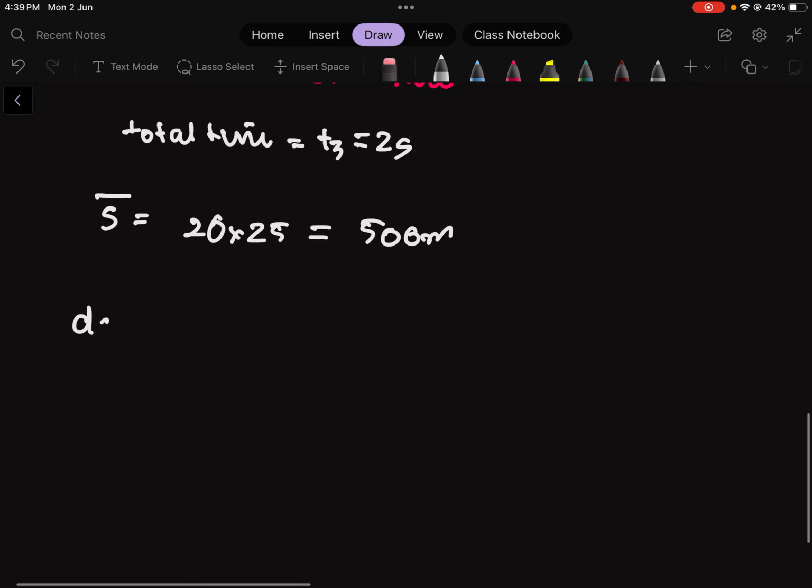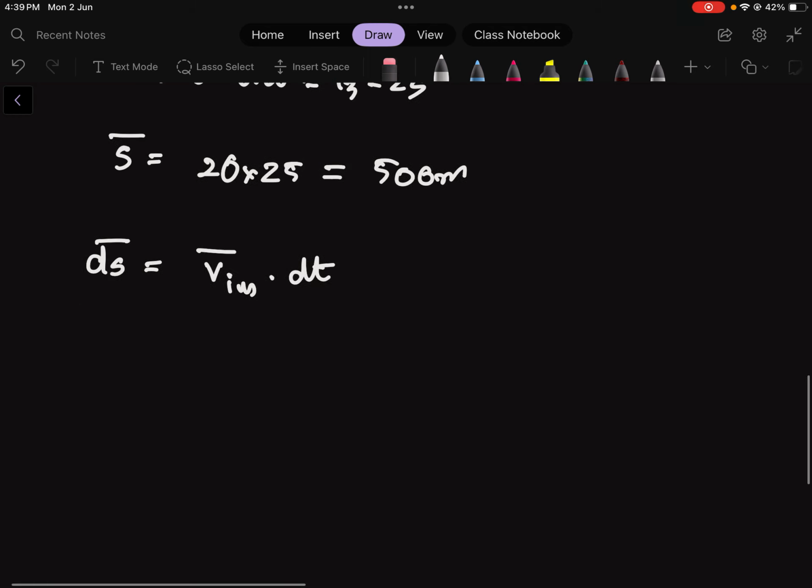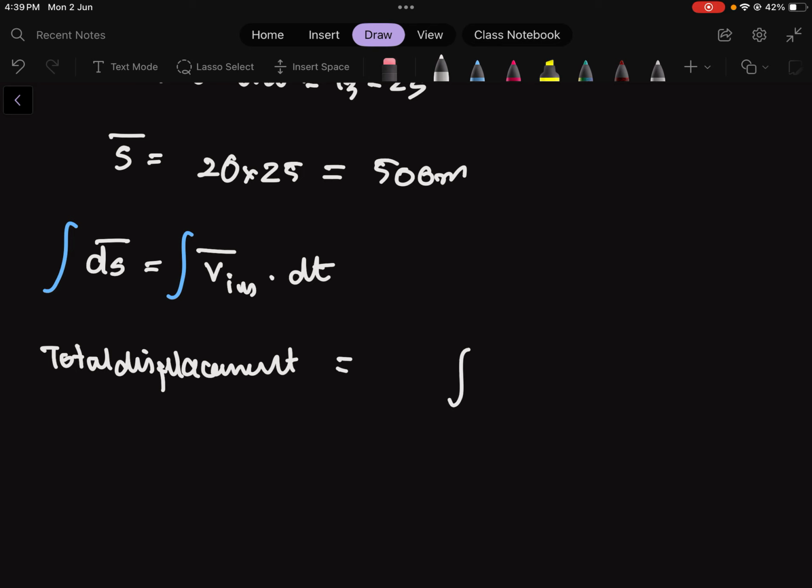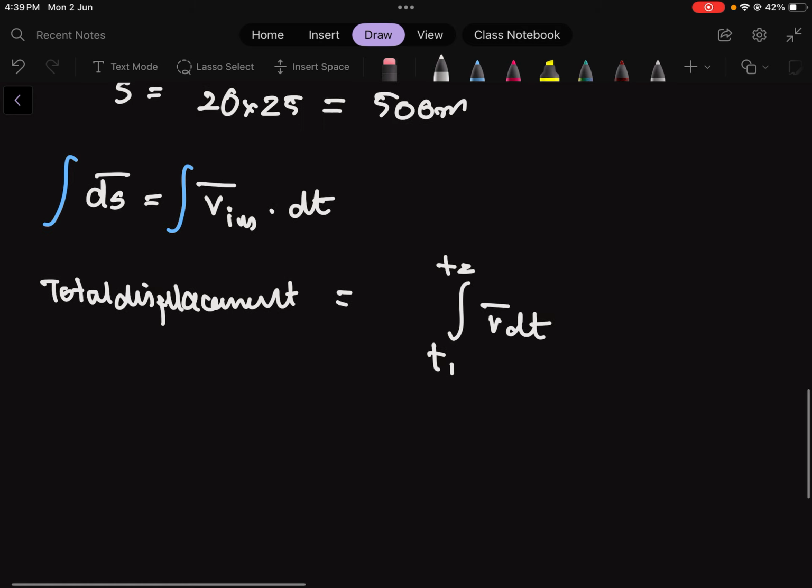Now we also know that the instantaneous displacement is nothing but V instantaneous into dt, because that is how V instantaneous is defined, right? ds by dt. So when you sum this up, or in other words, when you take the integral on both sides, what you get on the left hand side is just the total displacement of the particle, which is equal to the integral from t1 to t2 of v dt, where v is the velocity vector.